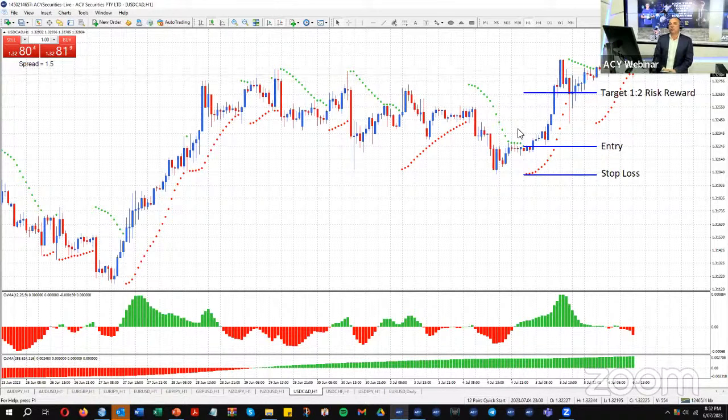Those elements are then layered on top. So you can start to become a trader who's looking at multiple reasons for entry and multiple reasons while you're managing your trade.